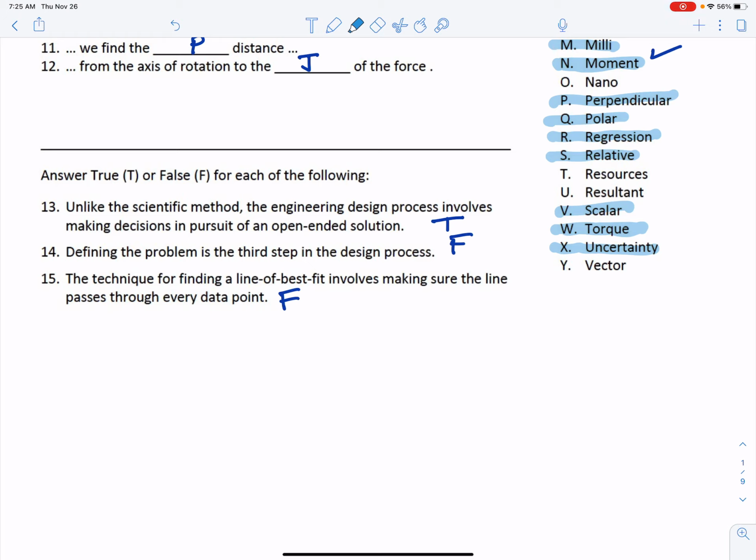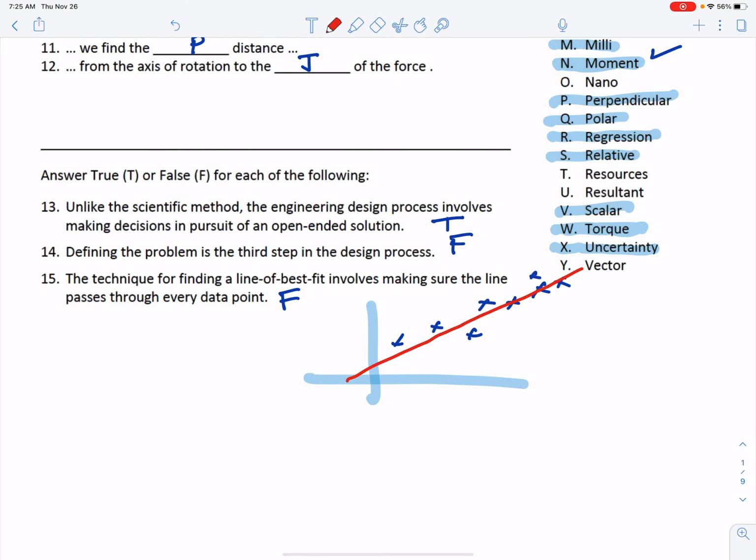Okay, and so if I sketched a picture here, all right, so here's a graph and I have data. It's seldom that the data lands right along the line, all right? You're just coming up with some fit that minimizes the error for the set of data. All right, so the answer on that one is false.